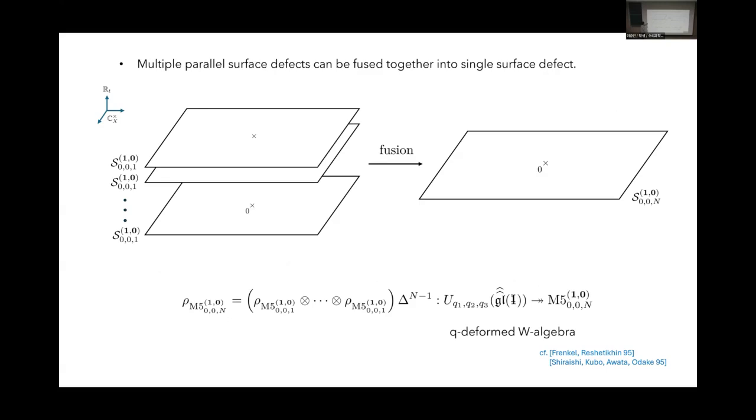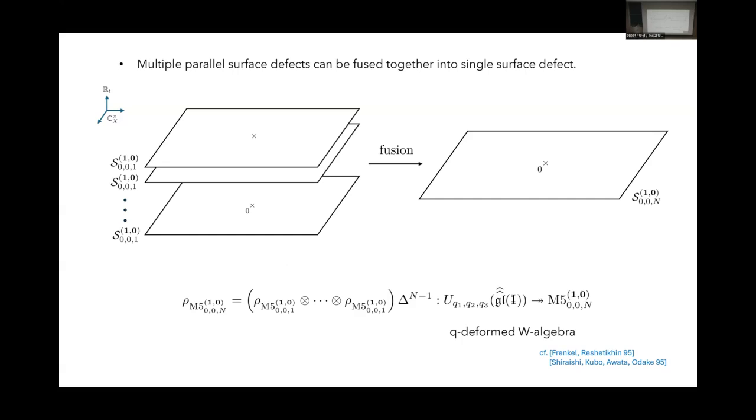First, let's think about a coincident case. So they're precisely parallel to each other. So they're 0, 0, 1 type, all of them. And on the right, you're fusing into a single surface defect, 0, 0, n. So what you do is that you first apply n-1 times the coproduct and map each factor through the M5 001 map.